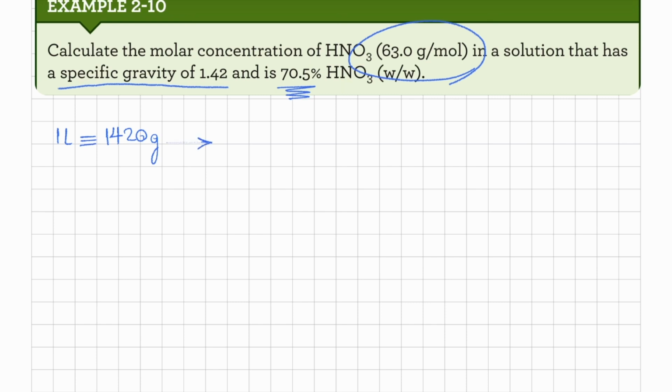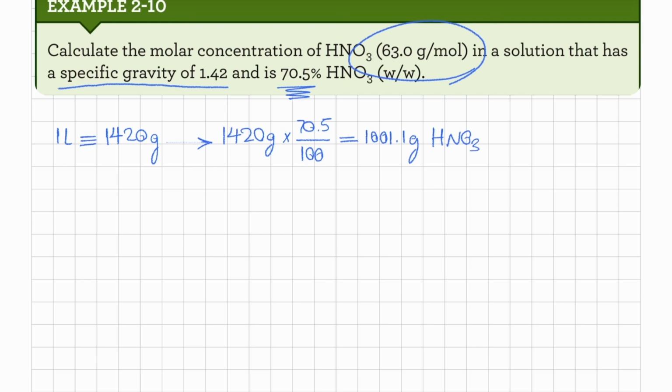So let's go. We can say 1,420 grams times 70.5 divided by 100. If you calculate this, it gives 1,001.1 grams. So this is the grams of HNO3 in this solution.